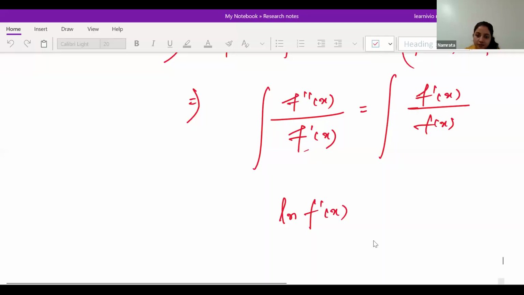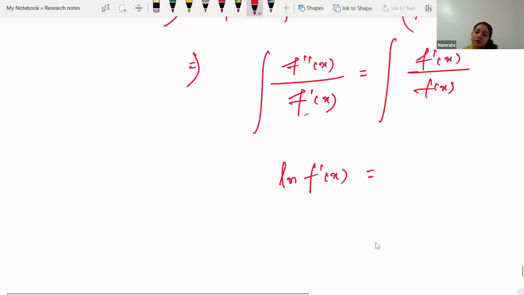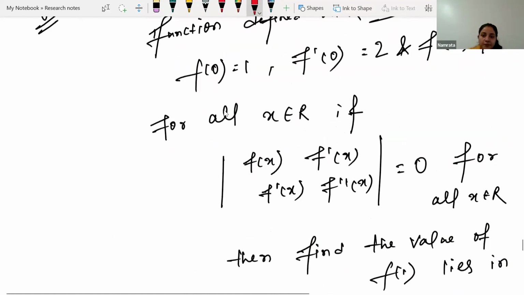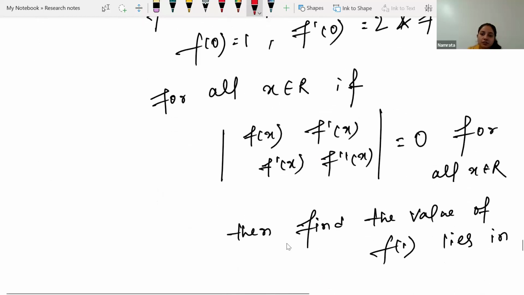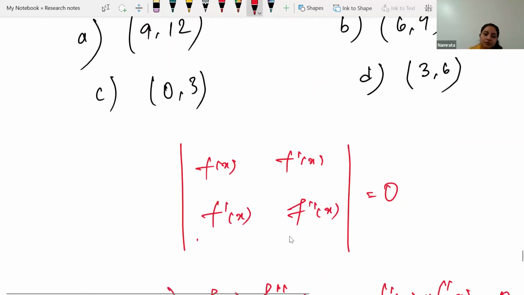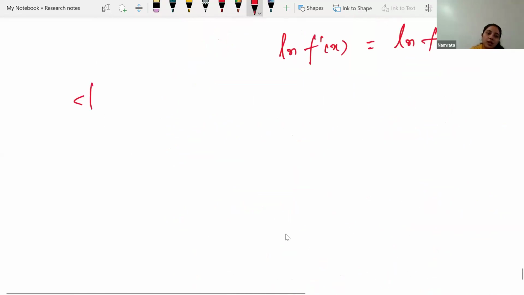Okay, let's continue from here. Both sides we are getting logarithm only. Here also we will have ln f of x plus c. Now let's use the condition which is given: f of 0 is 1 and f dash 0 is equal to 2.